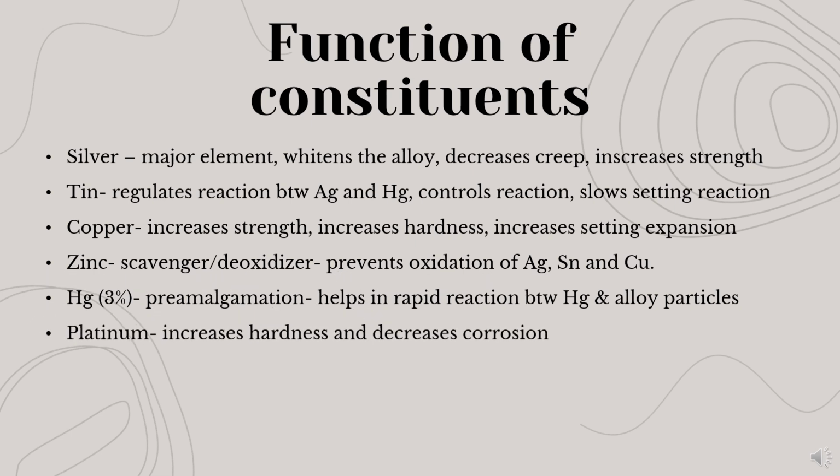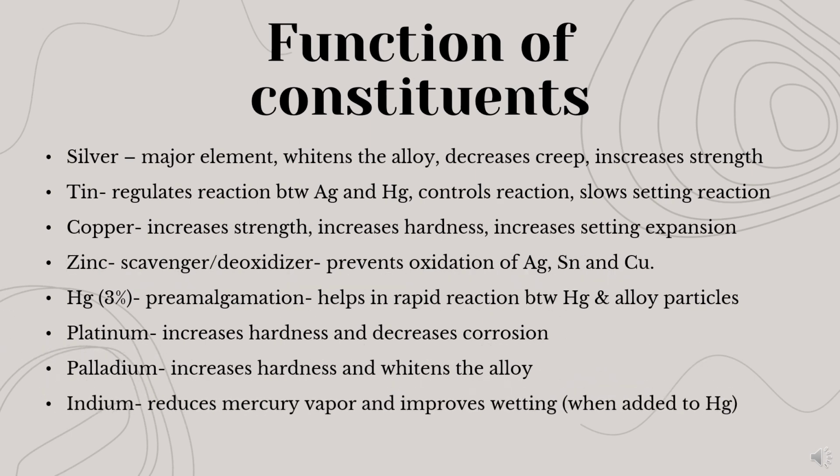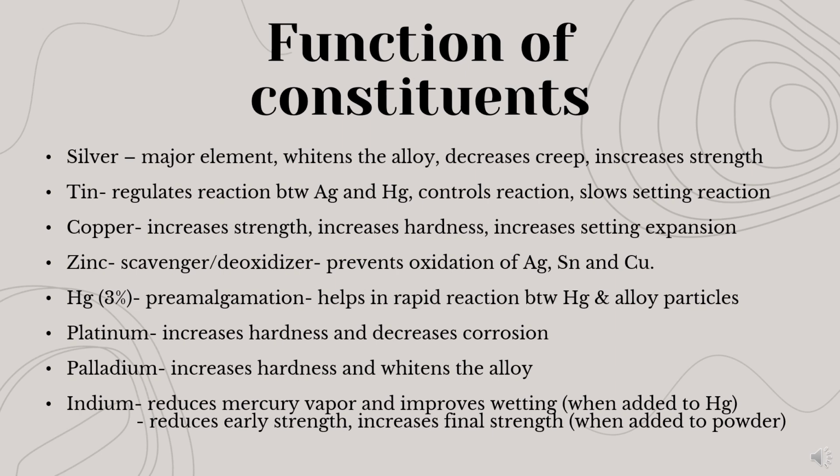It increases hardness and decreases corrosion. And palladium. It increases hardness and whitens the alloy. Last is indium. It reduces mercury vapor and improves wetting when added to mercury. It also reduces early strength but increases the final strength when added to the powder.